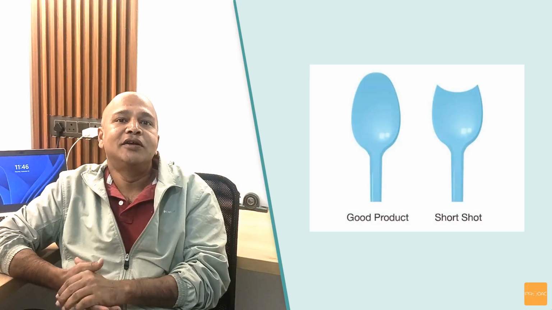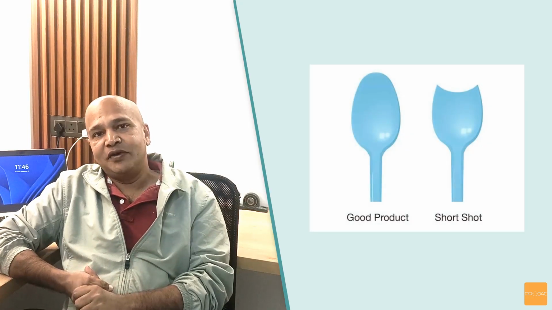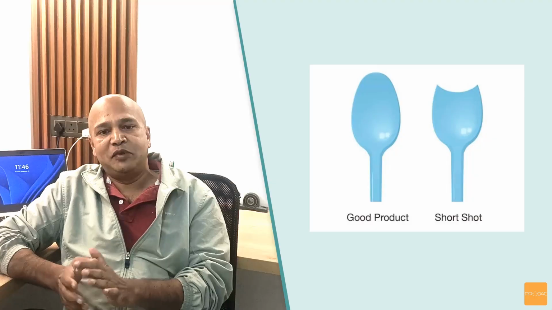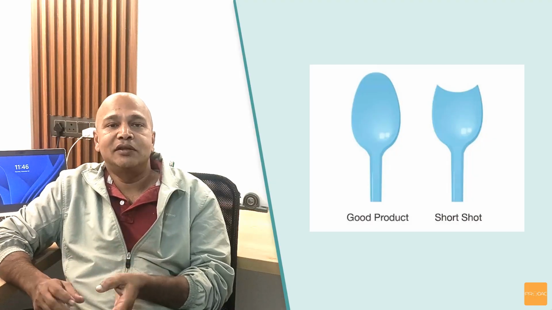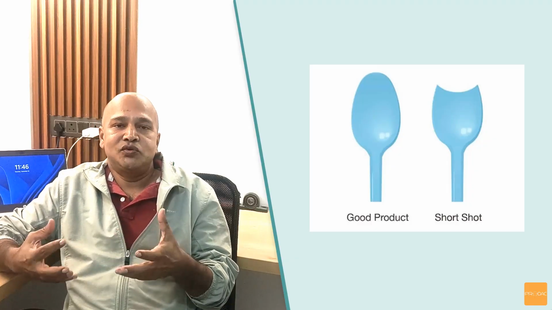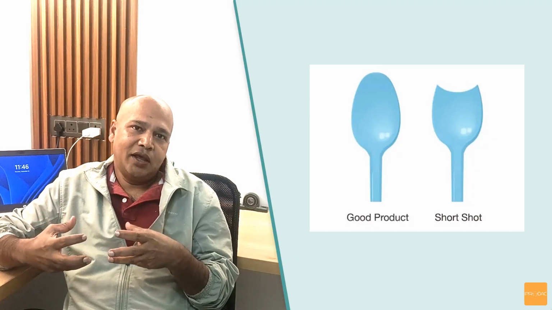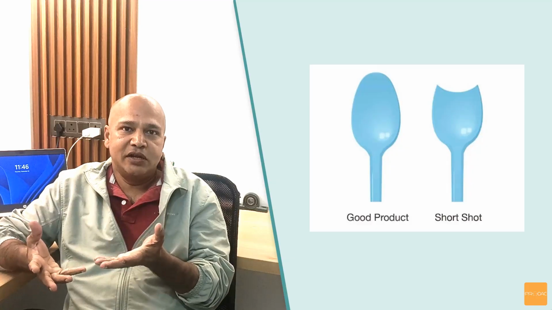And the last major defect I want to talk about is short molding. The name short itself suggests the defect. Basically, the molding is not complete, meaning it is short. The part which we want to mold is not completely molded. The material which is supposed to fill inside the mold has not fully flowed inside the mold.